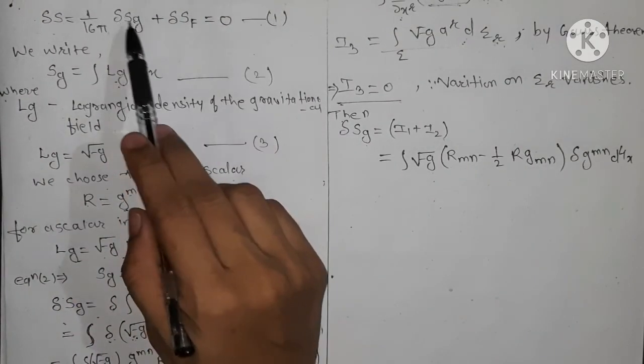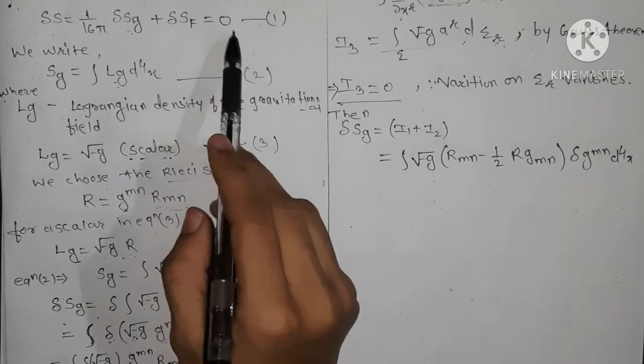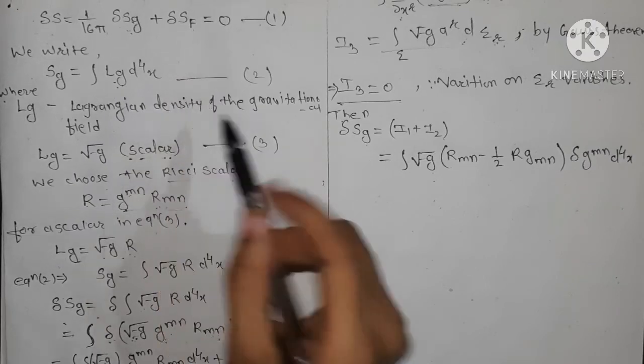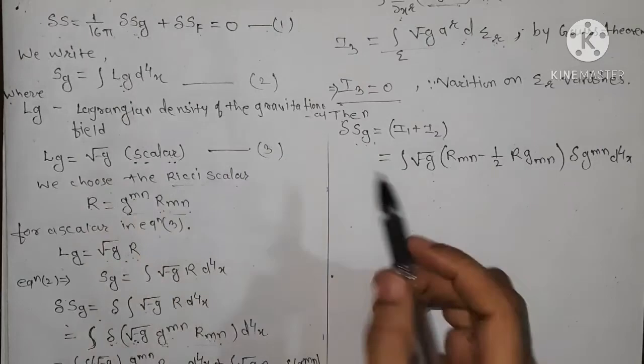So with this value of δS_g, we can substitute this value in equation 1, that is we have δS_g plus δS_f equals 0. So we can write this value of δS_g in this equation.